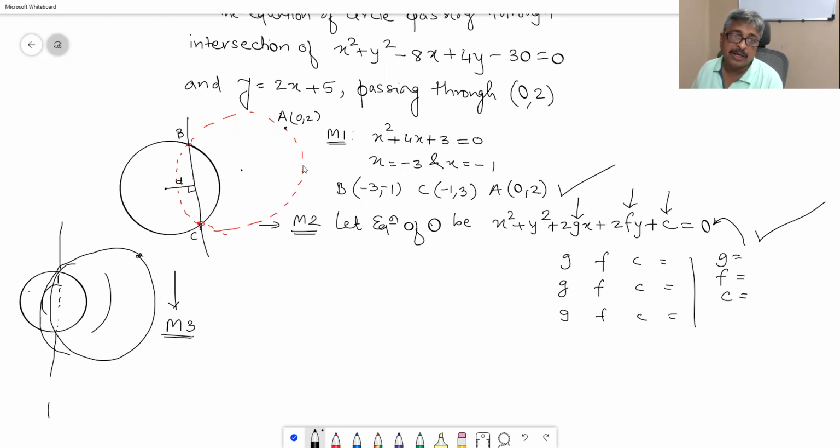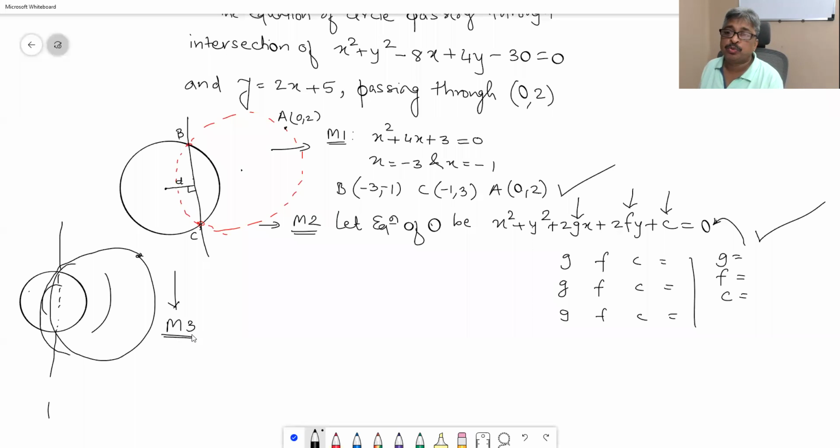Using method 1 or method 2, it is going to be extremely difficult to deal with three-dimensional coordinate geometry and find equations of spheres passing through the intersection of a line and a sphere. This method will work there also, and it is a more versatile method with several applications.